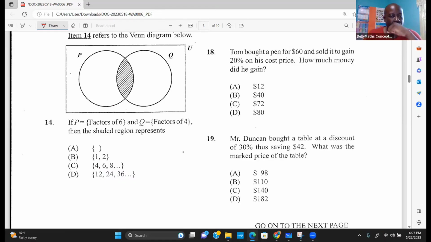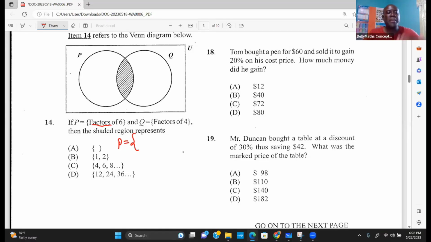If P is the factors of 6 and Q the factors of 4, then the shaded region is what? The shaded region refers to things that are in P that are also in Q. You could do this mentally, or you could take some time to figure out what is set P. Set P would be factors, not multiples, of 6.